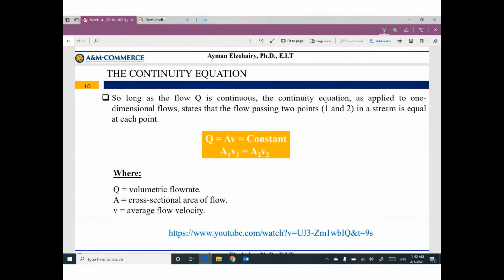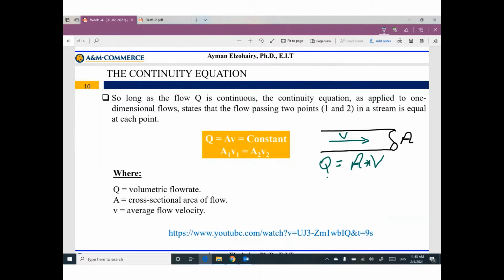Last meeting also, we covered something called the continuity equation. If you have a pipe with cross-section area A, and this pipe has a flow of water inside with velocity v, that means the discharge of this pipe equals area times v.